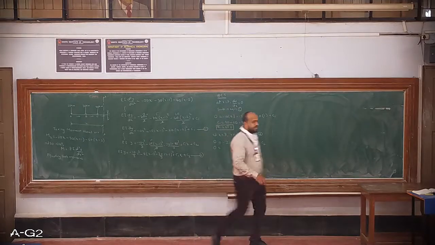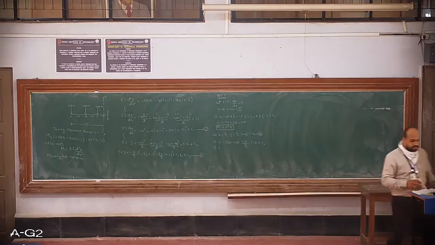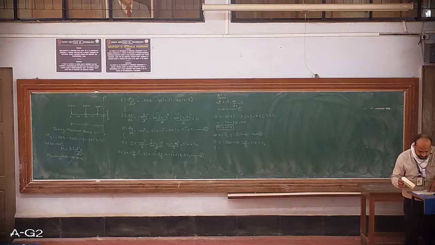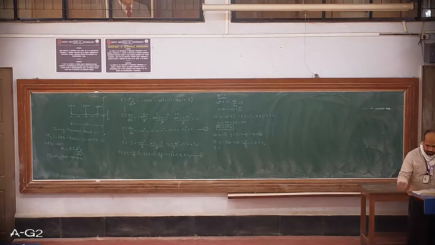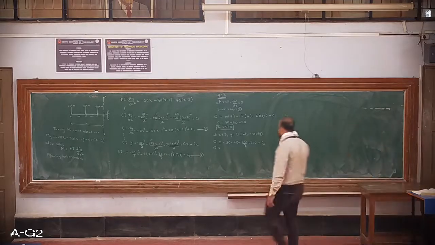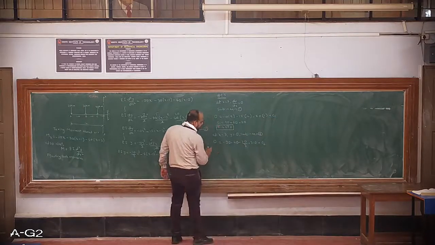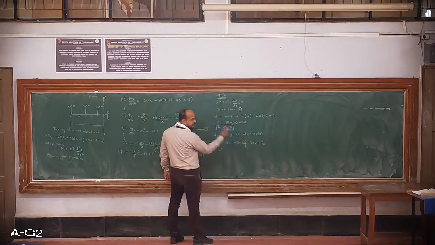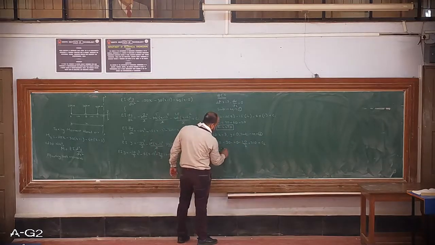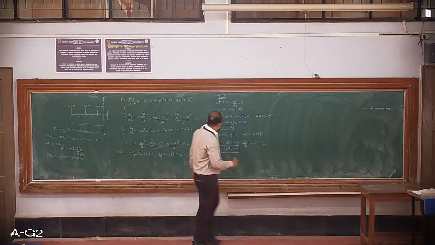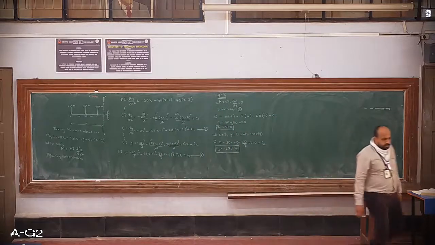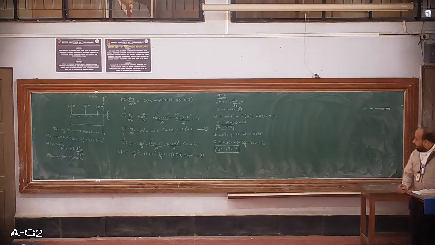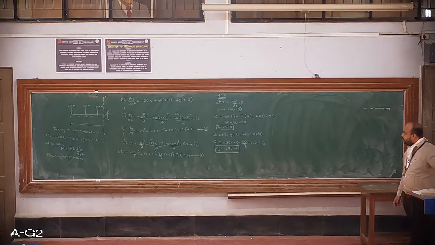So how much will you get? Something plus C2 will come. If I send that side, this will become minus 373.3. This is nothing but C2. So C2 is minus 373.3. We have got this.